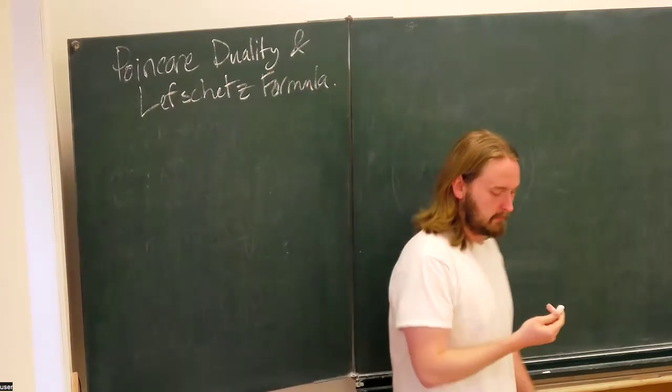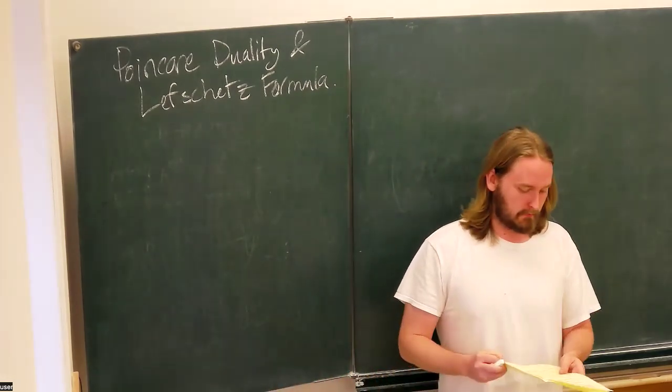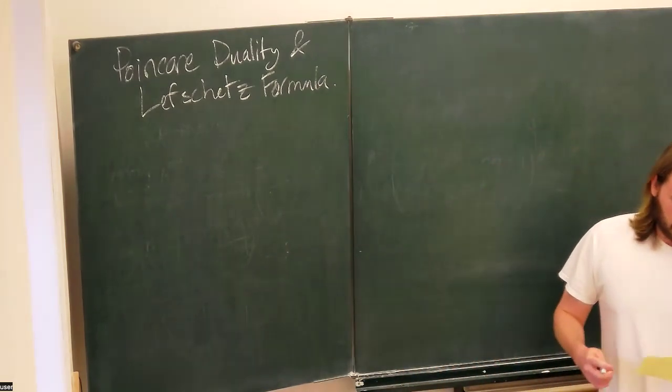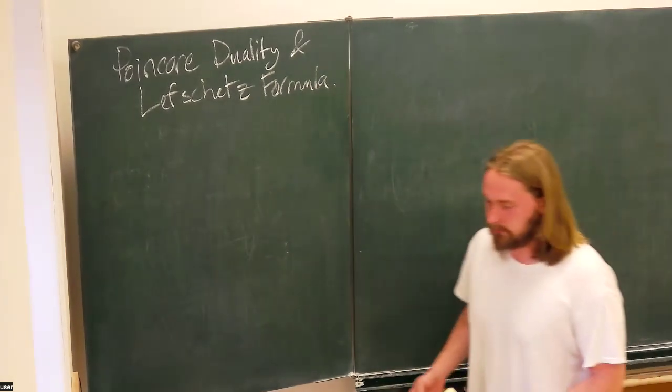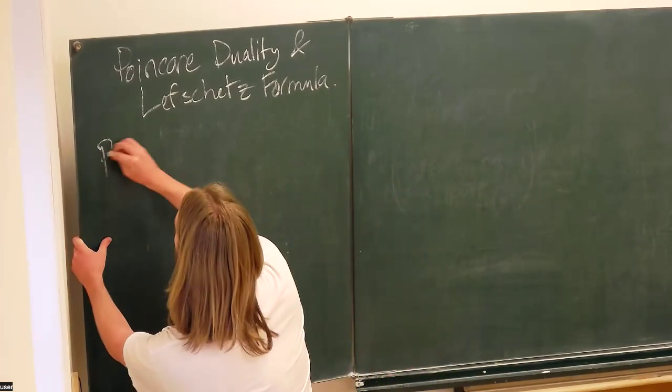Okay. So, I'm just going to assume some understanding of ordinary homology theory and de Rham homology, just so I can get off the ground. So let's just write the practical statement.